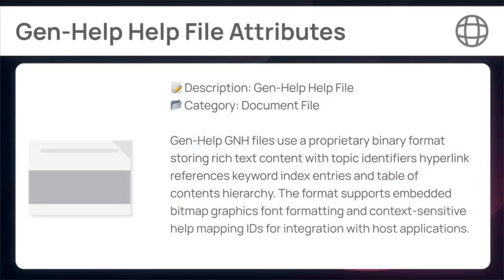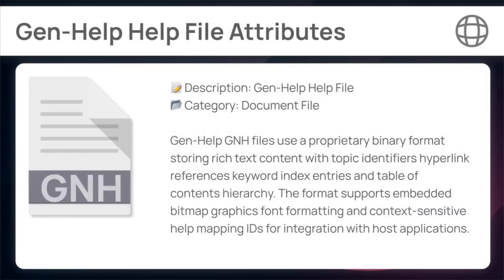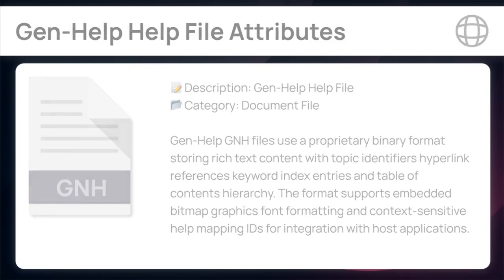GenHelp GNH files use a proprietary binary format, storing rich text content with topic identifiers, hyperlink references, keyword index entries, and table of contents hierarchy. The format supports embedded bitmap graphics, font formatting, and context-sensitive help mapping IDs for integration with host applications.